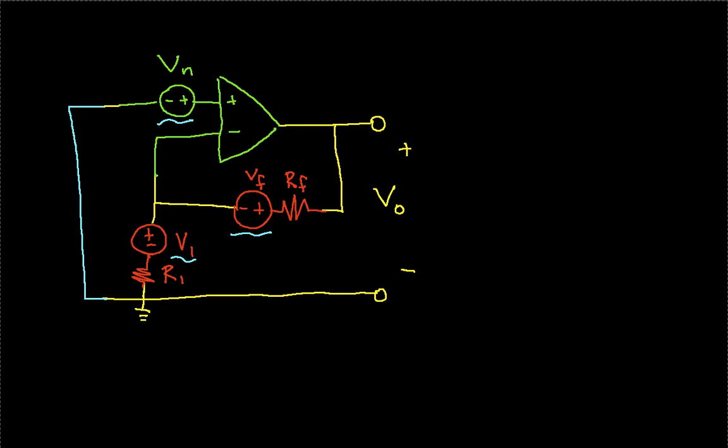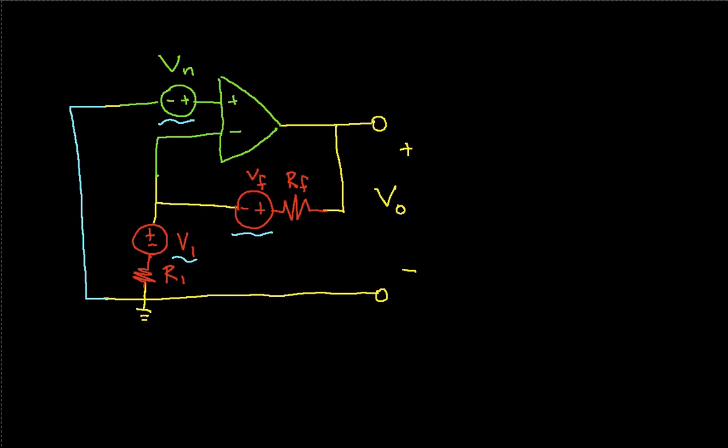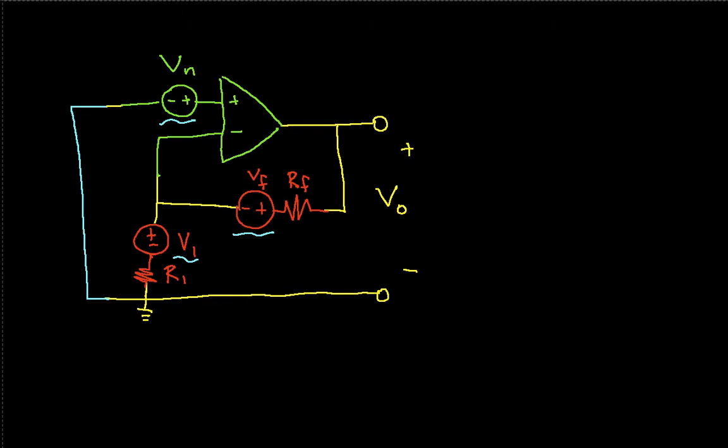We will begin by finding the output due to the noise in the op-amp. So in order for that to happen, we will take this noise source and set it equal to 0, which is just a short circuit.